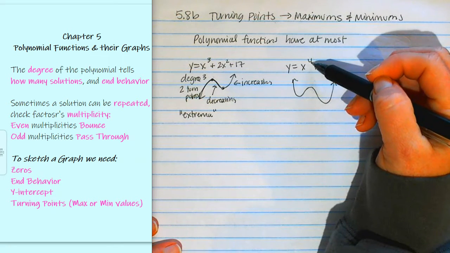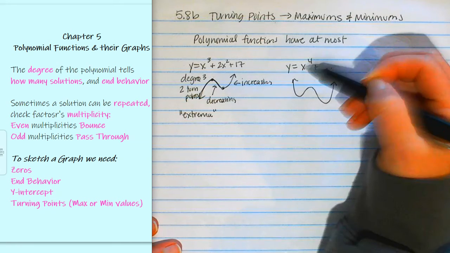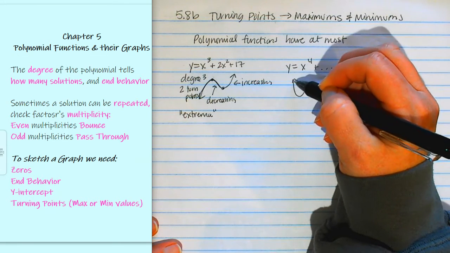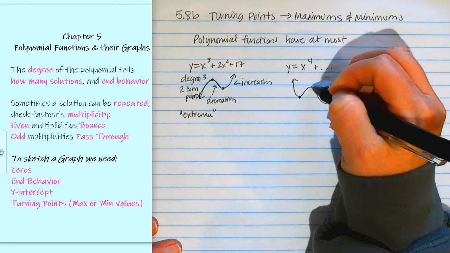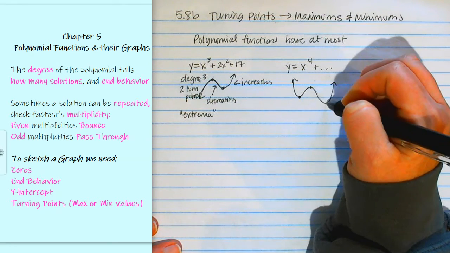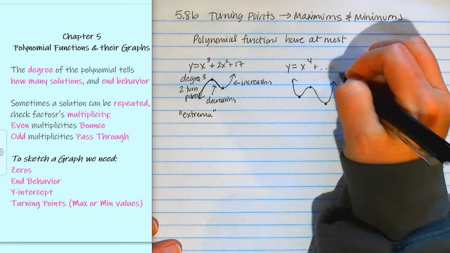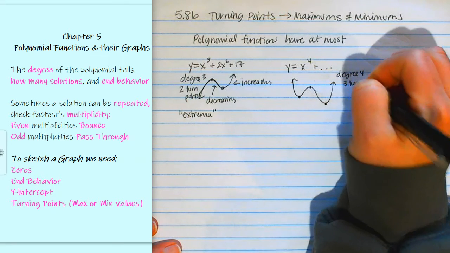We do know that x to the 4th has the same end behavior, and this is a positive x to the 4th, so they both go up. And how many turning points does this have? It is decreasing, this is a minimum, then increasing to a maximum, and decreasing to a minimum, and then it goes up forever. So this is degree 4 with 3 turning points, or extrema.